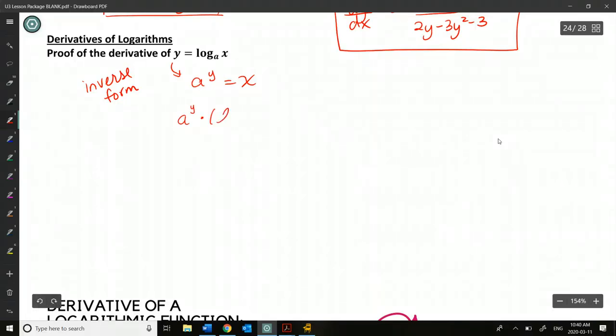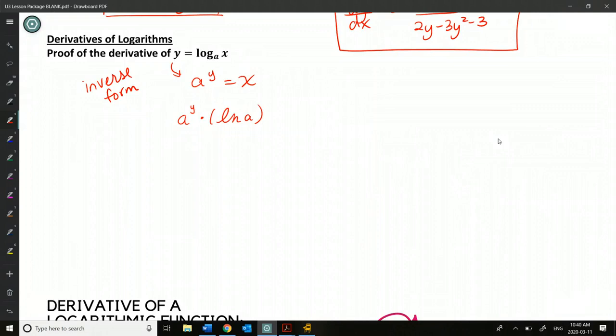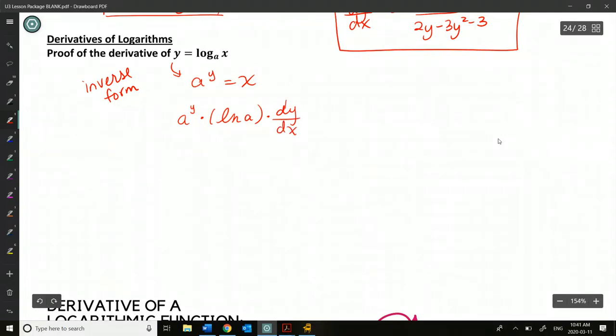Then we have to multiply by the derivative of the base, the ln of a. And I also have to multiply by the derivative of the exponent with respect to x here. What's the derivative of the exponent with respect to x? It's dy over dx, or y prime, right? So kind of like chain rule again here. And the derivative of x is 1 with respect to x, yeah.